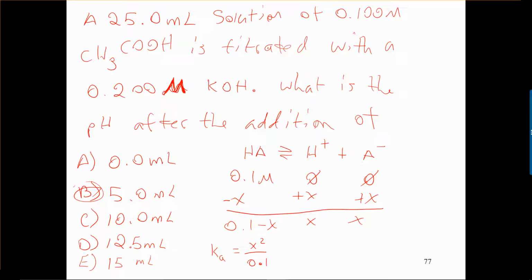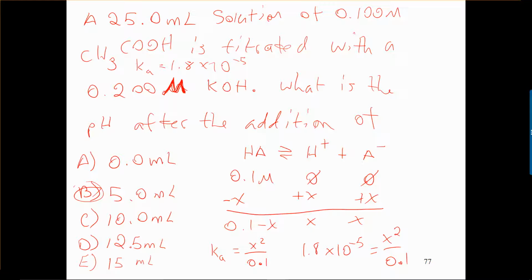To find x, it's always going to be x squared over whatever the molarity is, because you drop the x. The Ka for acetic acid equals 1.8 times 10 to the negative 5. So we're going to take 1.8 times 10 to the negative 5 equals x squared over 0.1.